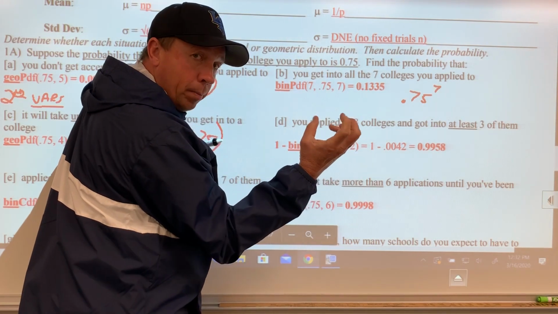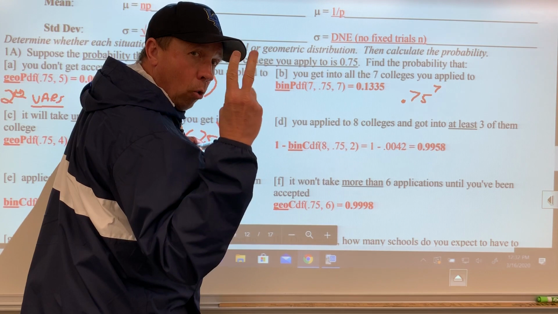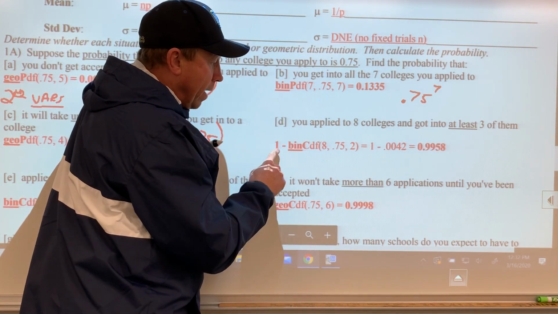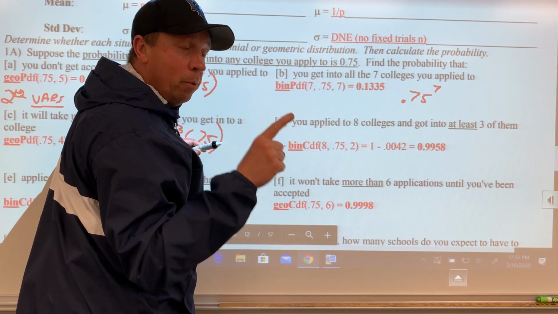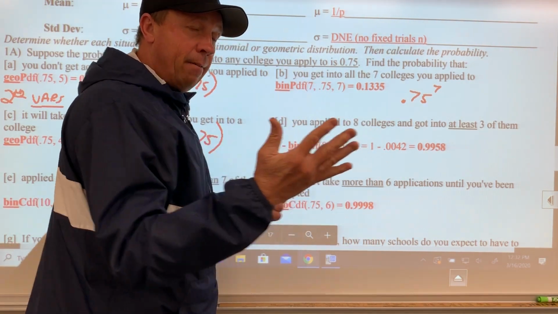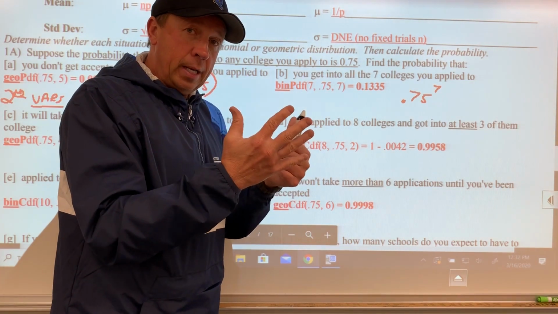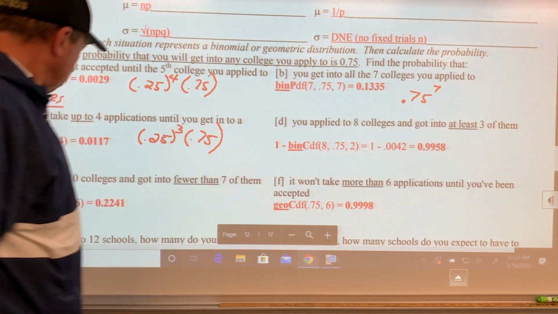This will group together the chances of getting into 2, 1, or 0 colleges. If I do the complement, 1 minus, I will be left with at least 3, which is 3, 4, 5, 6, 7, and 8. Those 6 probabilities added up will be done with this. Okay? All right.